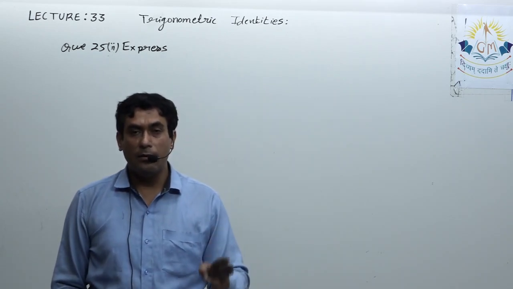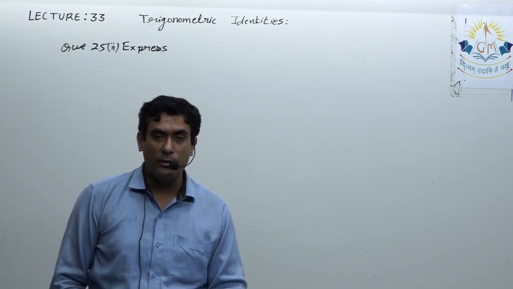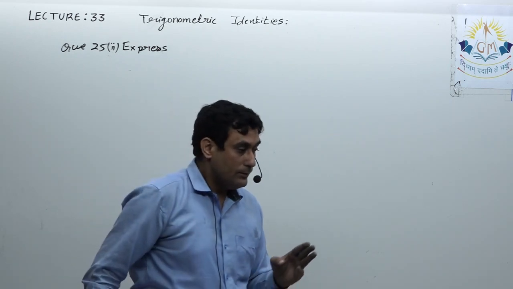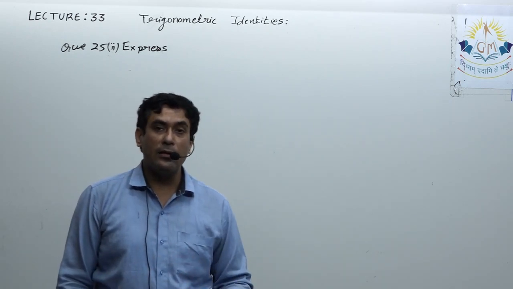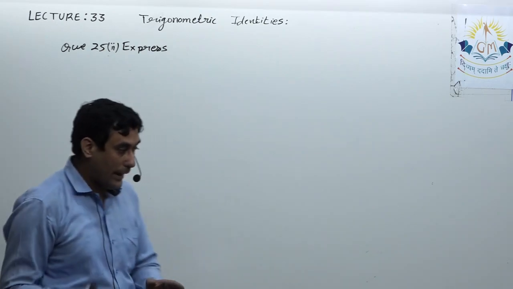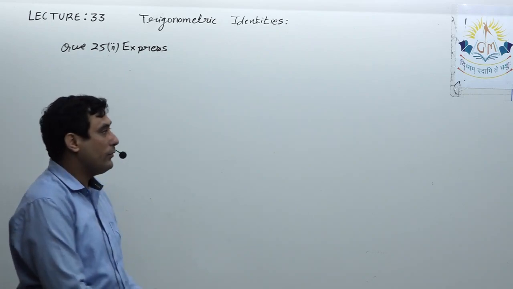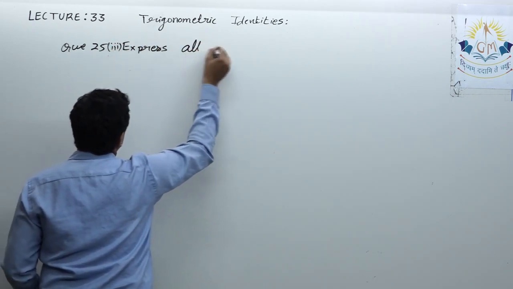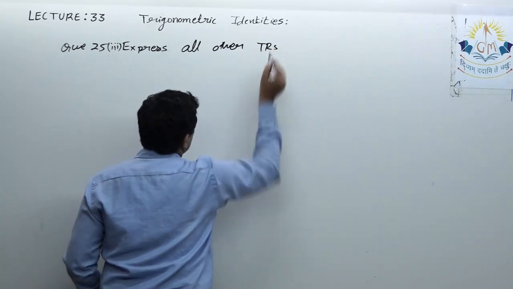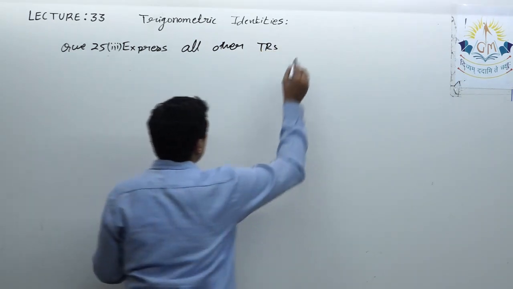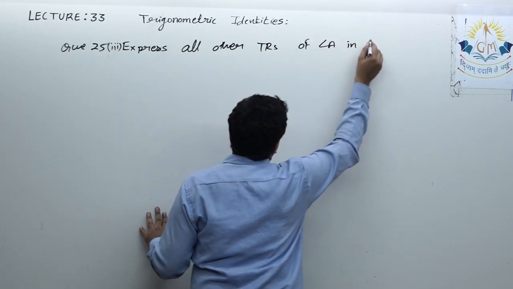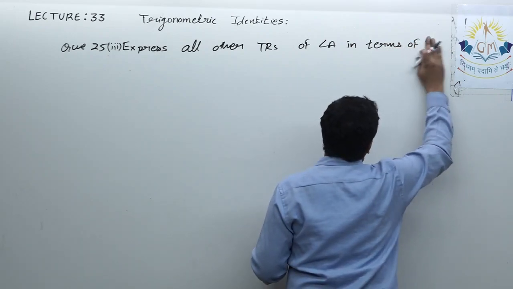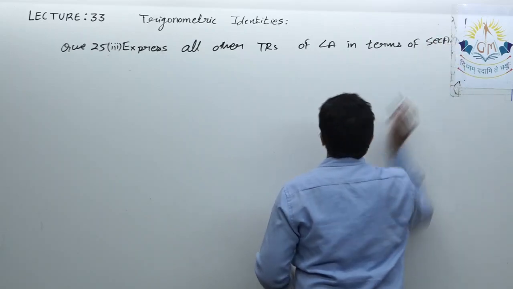That means we have to express sin A in terms of sec A, cos A in terms of sec A, tan A in terms of sec A, cosec A in terms of sec A, as well as cot A in terms of sec A. That means excluding the term sec A itself, we have to express all remaining trigonometric ratios in terms of sec A.